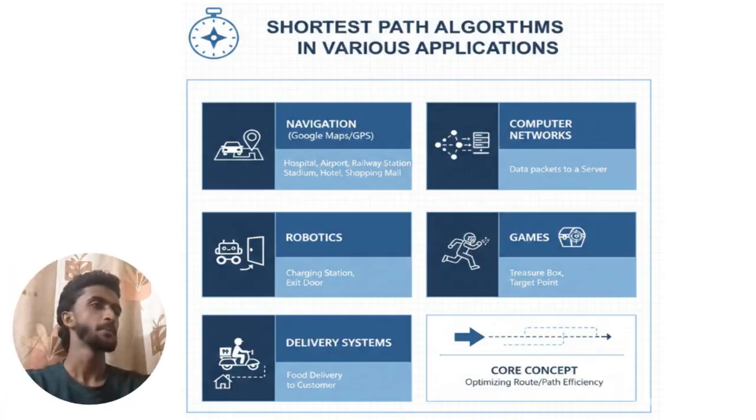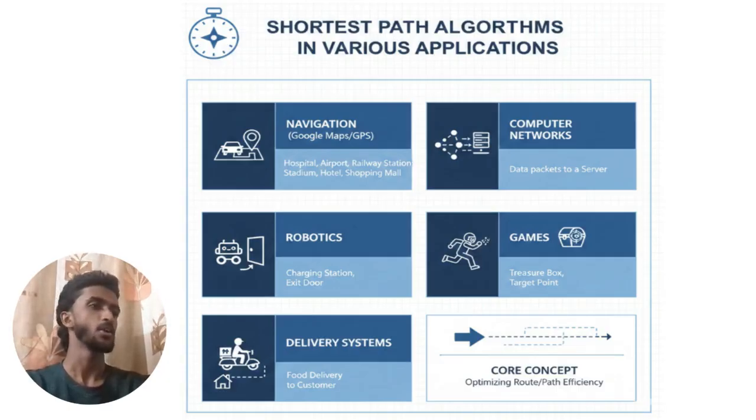Now let us see some more real world applications for this problem. In Google Maps, it is used to find the shortest route to a hospital, airport or railway station. In GPS navigation, many cars want to reach one place like a stadium, hotel or shopping mall. In computer networks, data packets want to reach one server using the shortest path.